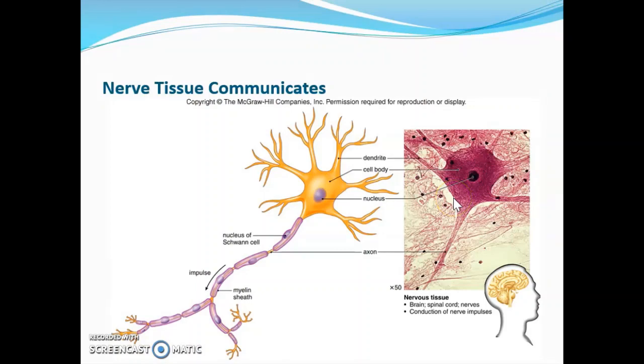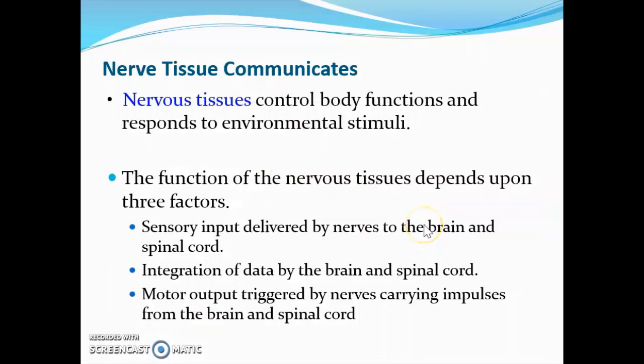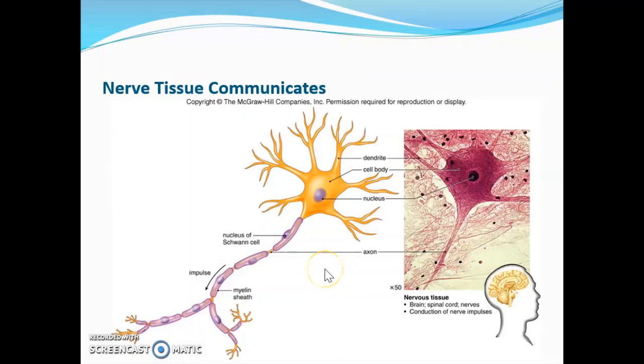And the last type of tissue that is present in animals is the nerve tissue. In general, nerve tissue enables communication between cells, as well as controlling the body's functions and responding to environmental stimuli. The cell of the nervous tissue is called the neuron.